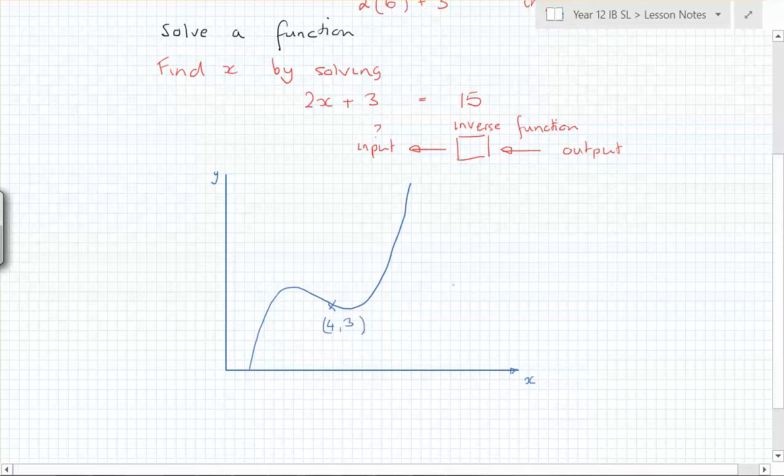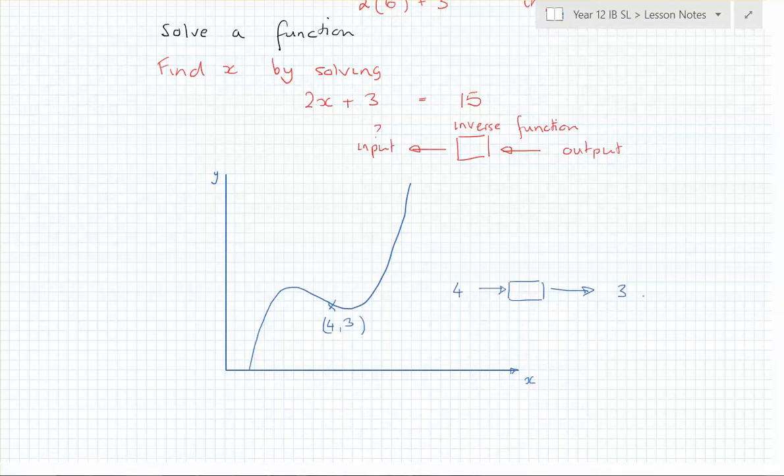What that means is, as we've taught functions, that 4 goes into the function, whatever it is, and 3 comes out. So it's important that you can also use graphs of functions. It's nothing different, because it's the same thing, you don't need any new skills.